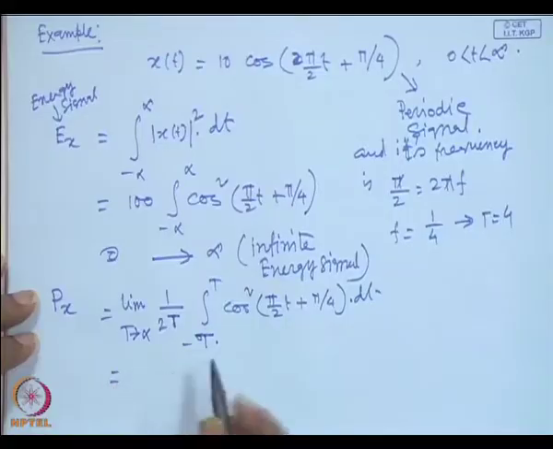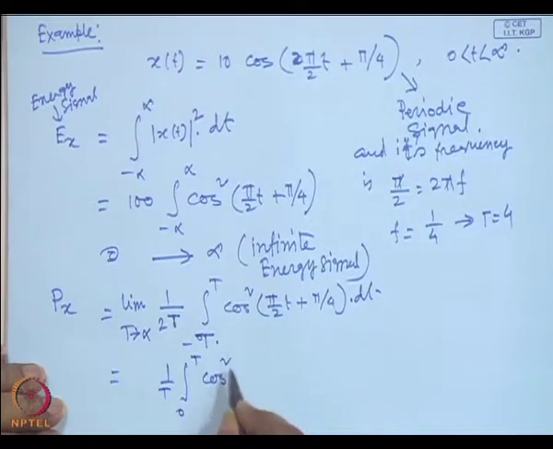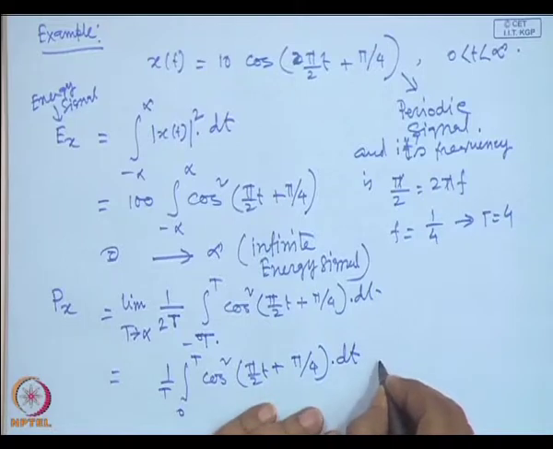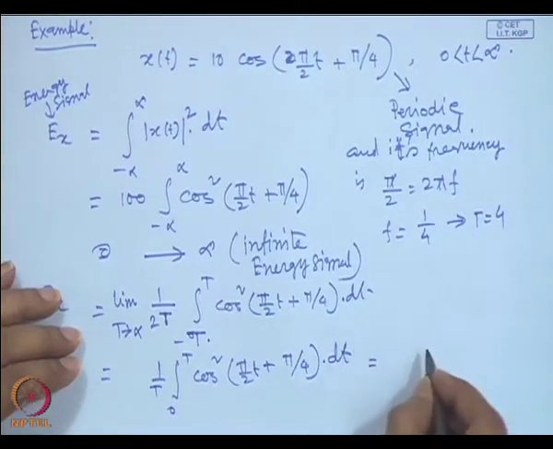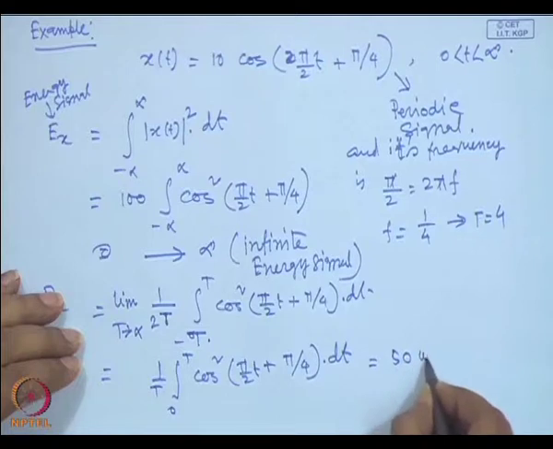So, if you take a complete one cycle, it is nothing but 0 to t, 1 by t, cos square (pi by 2 t and pi by 4) dt, and this value you will get, this is 50 unit.